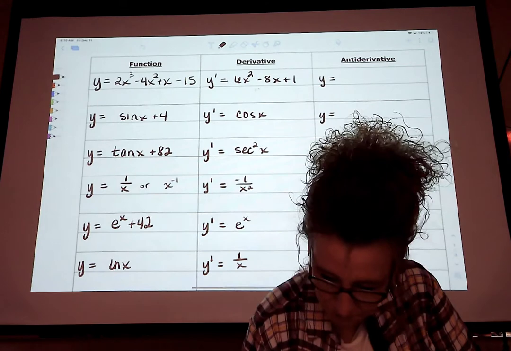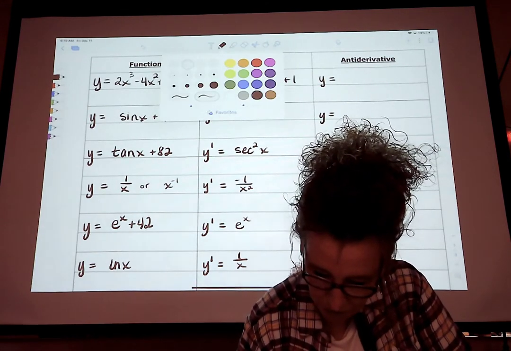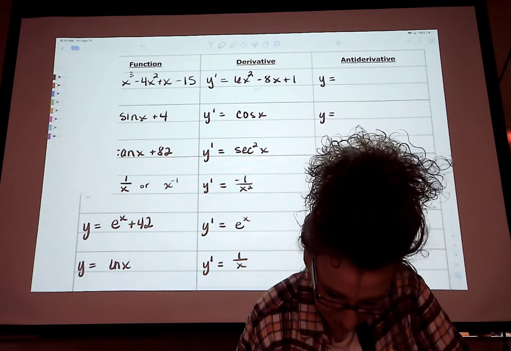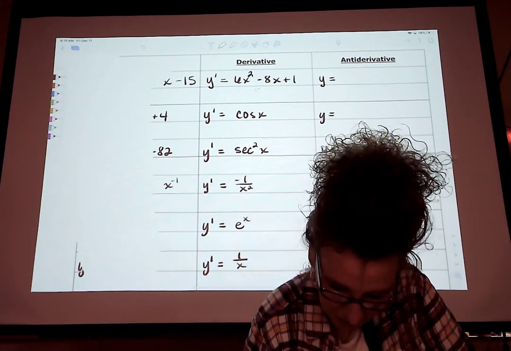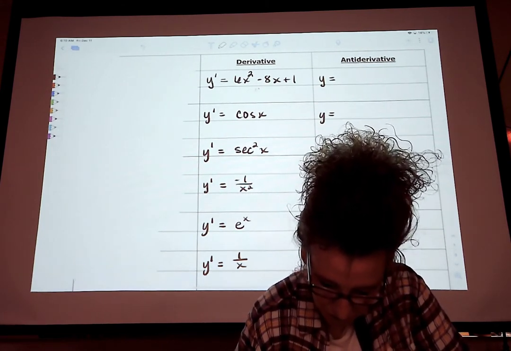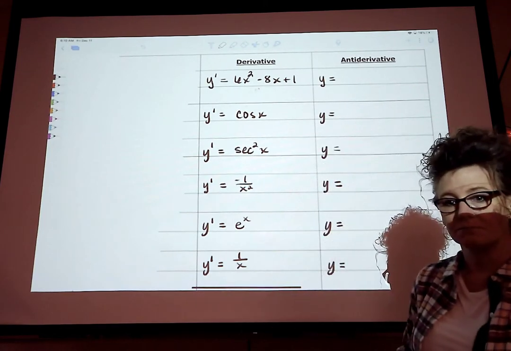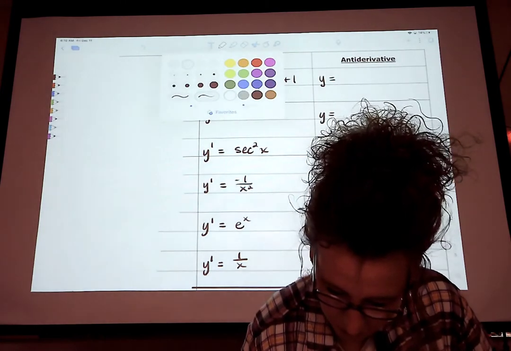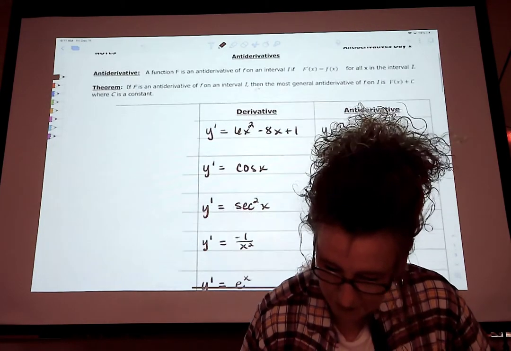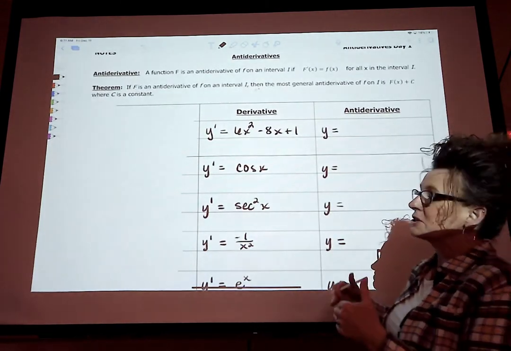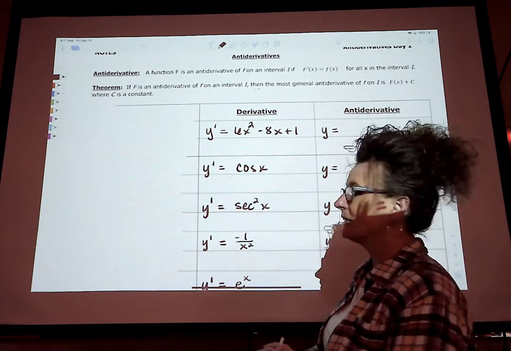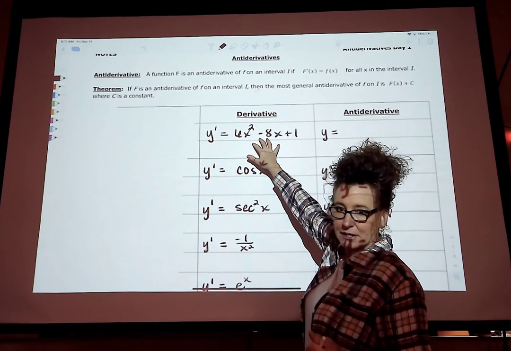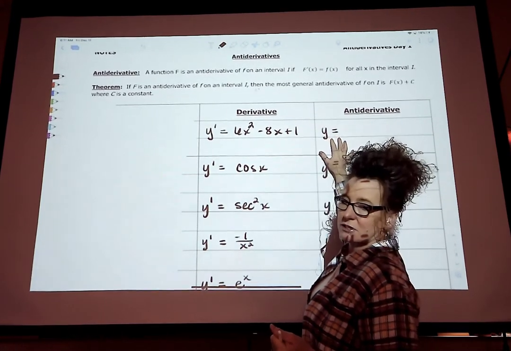Now, what I'm going to have you do is go back and pretend that we don't know the original function. Let's see if we can work on figuring out what the original function would have been. This is called an antiderivative. I'm looking at the derivative of something. What was the original function?